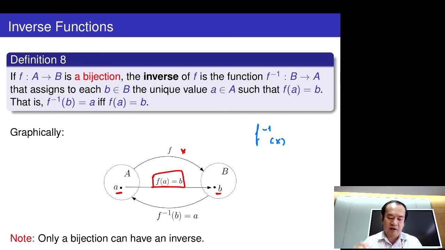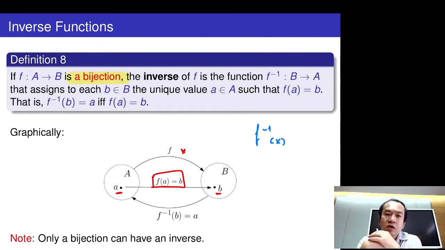Okay, this is an inverse function. Now the important point is that not every function will have an inverse function.